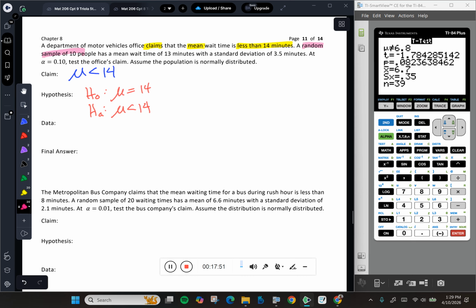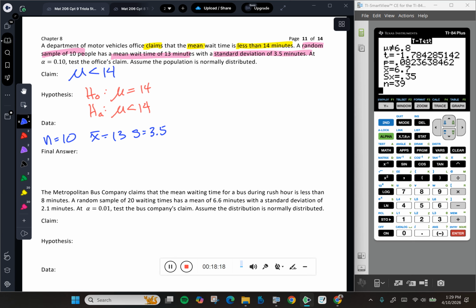Random sample of 10 people. Don't like that at all. N is 10. Not good. But okay, all right. Mean wait time at 13 minutes. Sample mean 13, with a standard deviation of 3.5, so S is 3.5.